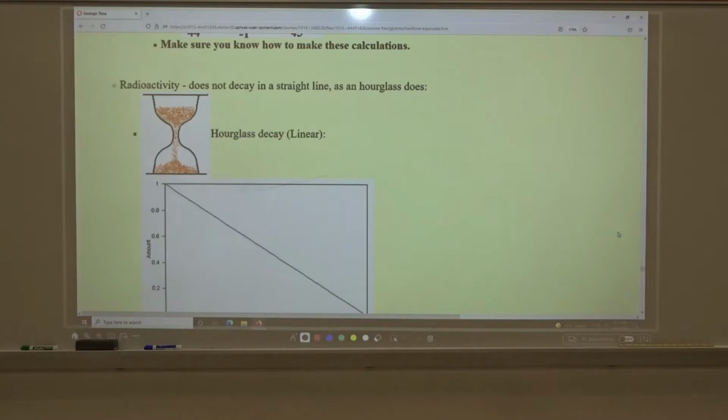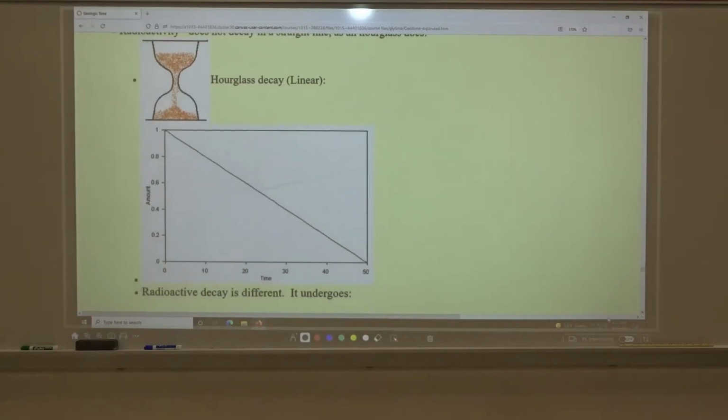Okay, so what happens when materials decay in radioactivity? Well, the simplest thing to do is to start by a somewhat different process, and that process is what happens when sand trickles out of an hourglass.